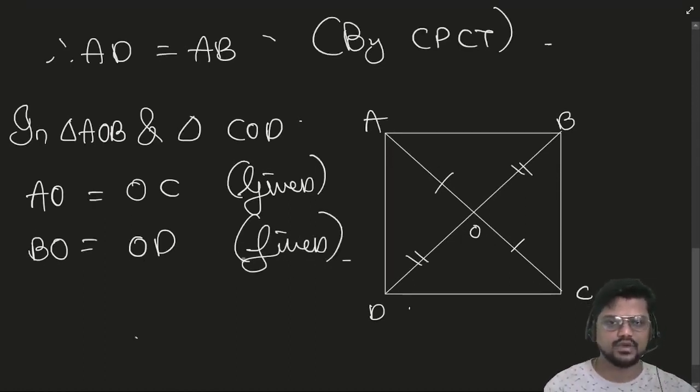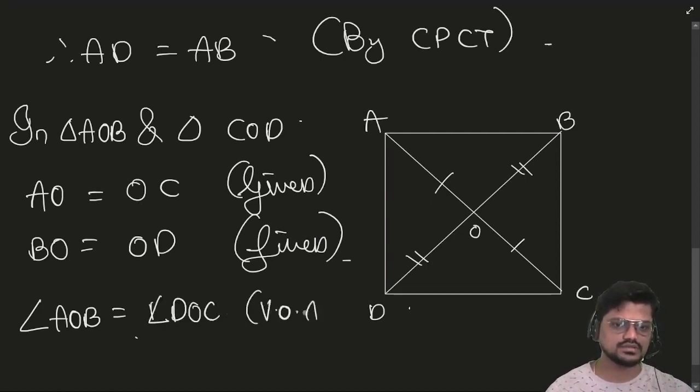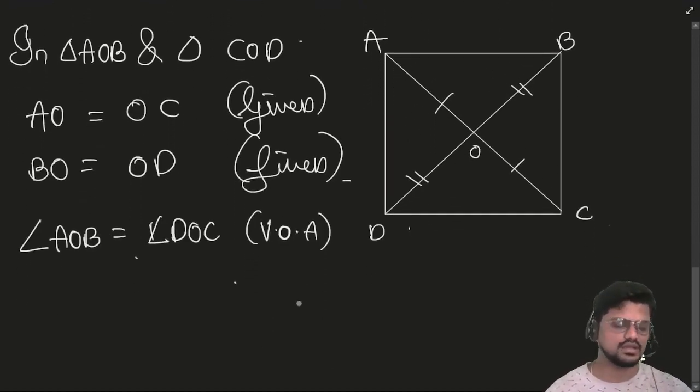What is left? And then opposite angles are equal. Angle AOB equals angle DOC. That is vertically opposite angles. That is sufficient. Even 90 degrees, but vertically opposite angle is also sufficient.